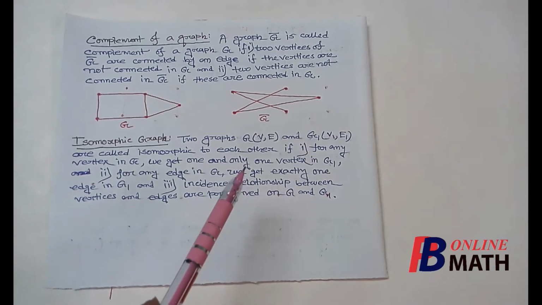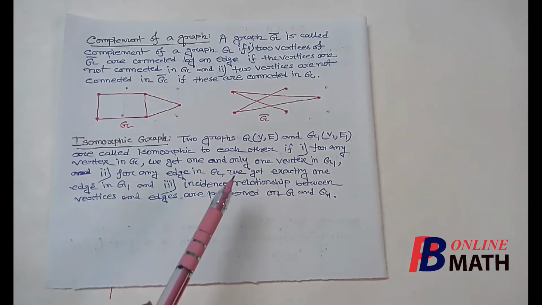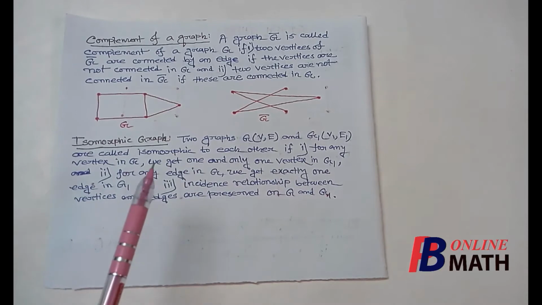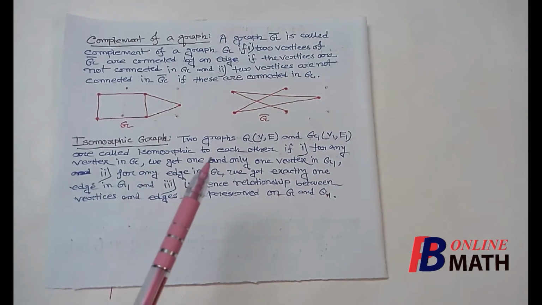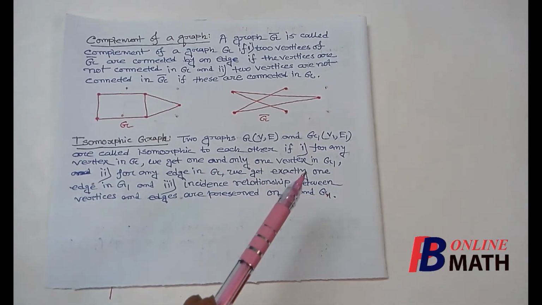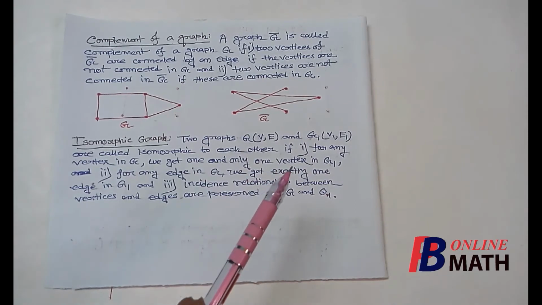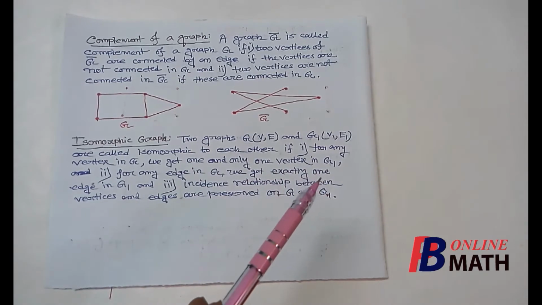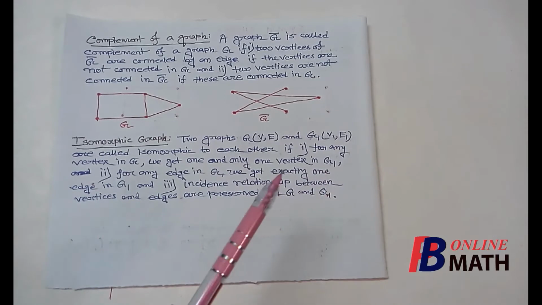That means if any edge is incident to a vertex in G, then there must exist one edge and one vertex in G1 such that that edge is incident to that vertex in G1.